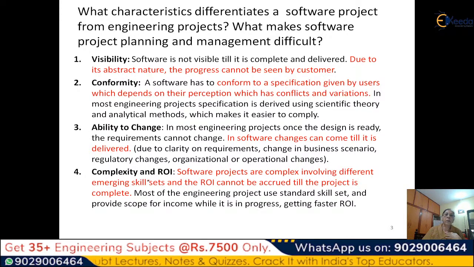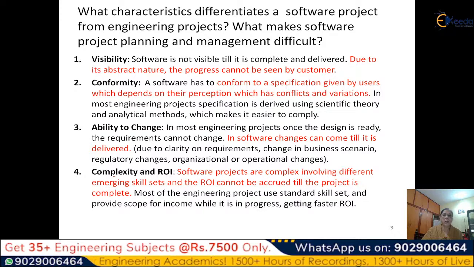Then there is conformity. What is conformity? The specification that is given to the software team is from the user's mind, their perception. And whenever it is human perception, it will have conflicts and also variations. But this is not so in other projects.